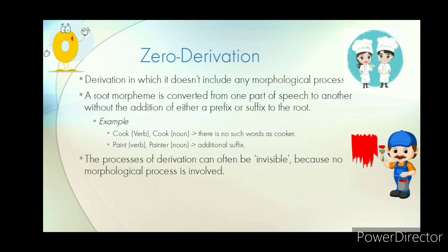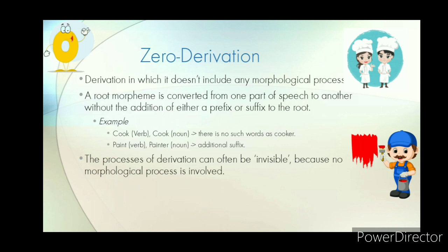Here, the example is between cook and paint. Cook and paint both are verbs indicating something to be done, like cooking and painting. When we want to address someone who cooks, we will say, he is a cook, not a cooker, because there is no such word in English as cooker.